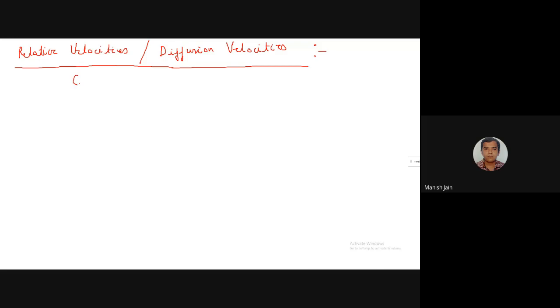That can be represented by Vi minus V, which is the relative velocity in terms of mass. In terms of moles, you can write Vi minus V star. That is the relative velocity in terms of moles. So you have defined the velocities also.